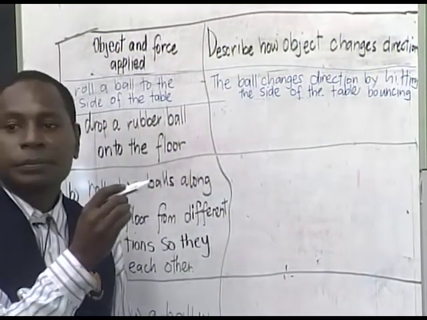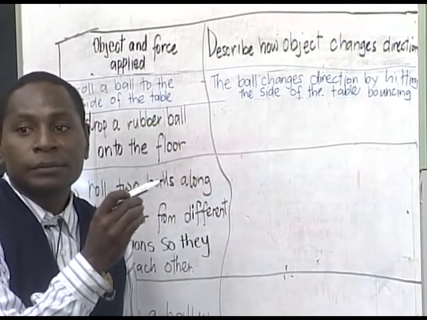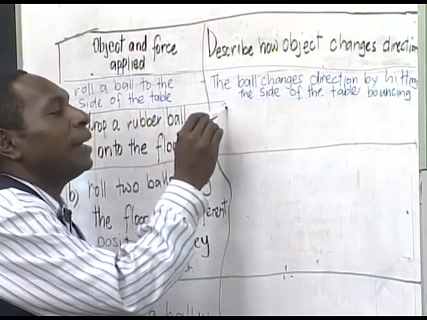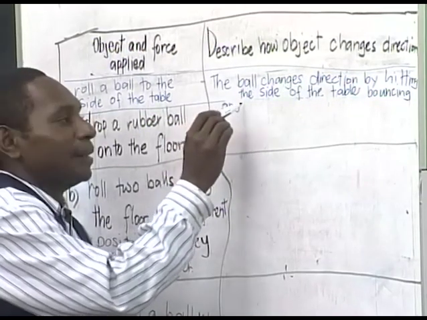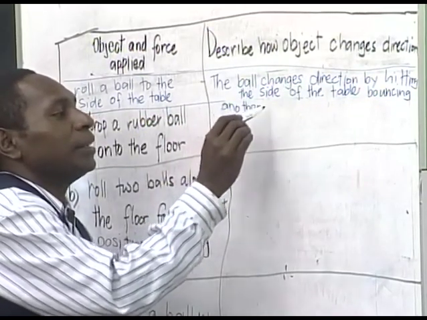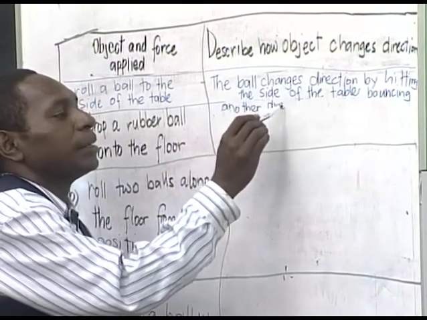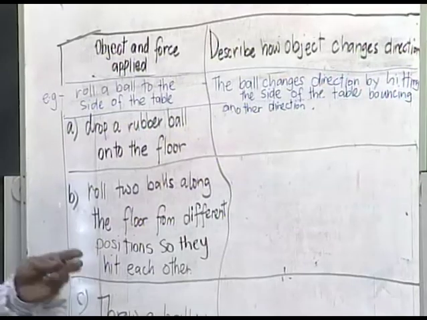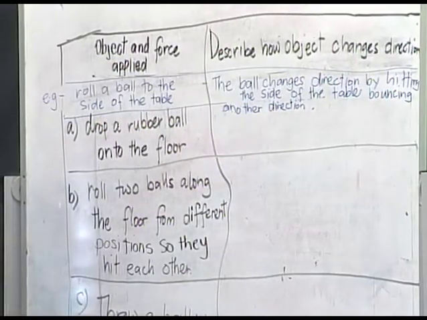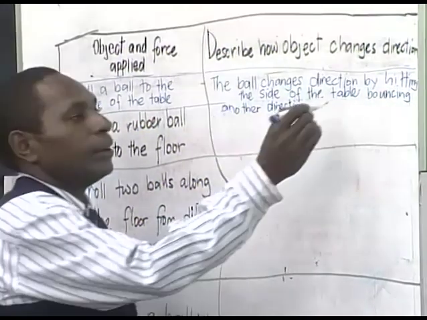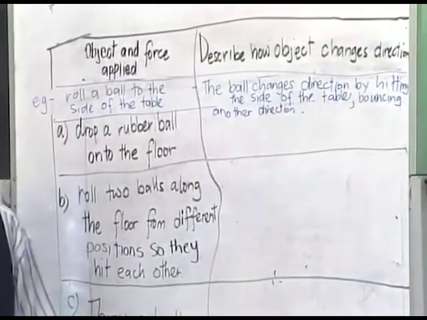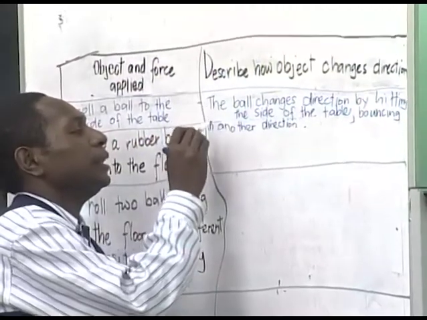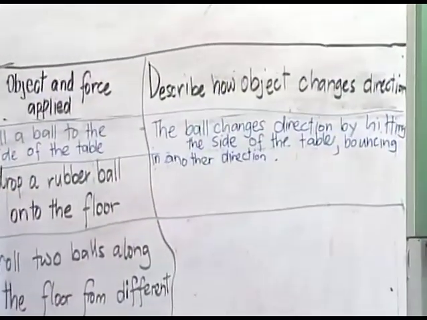Bouncing in another direction. Good. Another direction. Right, the ball changes direction by hitting the side of the table and bouncing in another direction. That's right, in another direction.